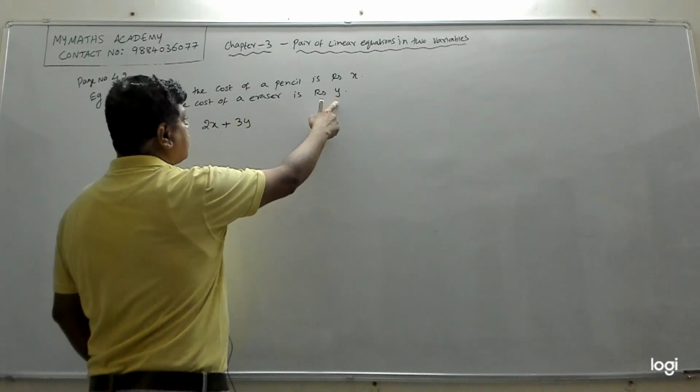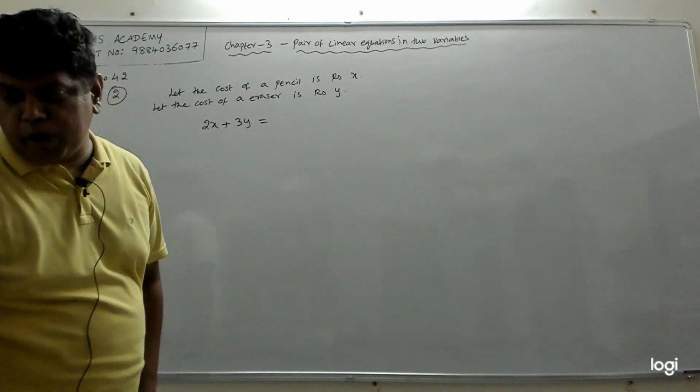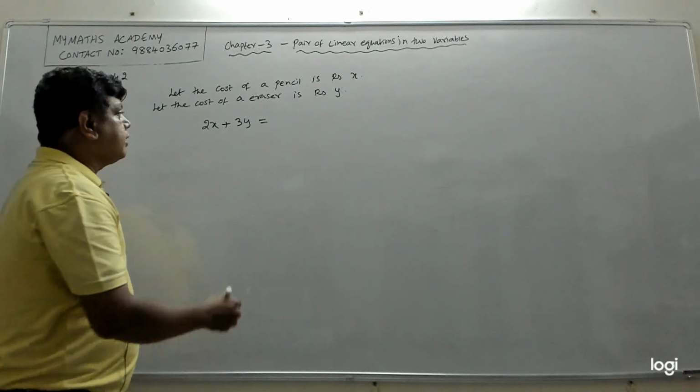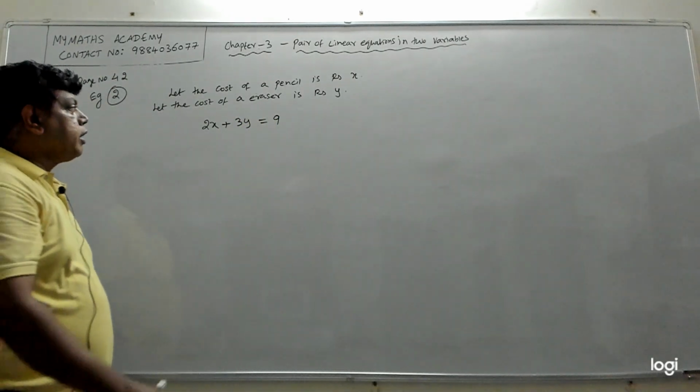Cost of one eraser is y, she bought 3 erasers, 3y. So totally how much money did she pay to the shopkeeper? She paid ₹9. So this is 9. So this is one equation.